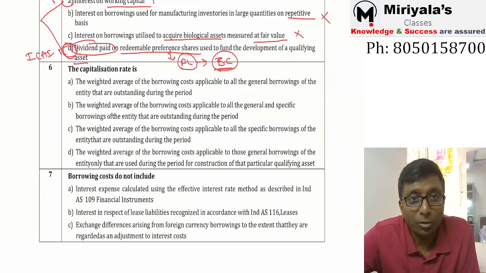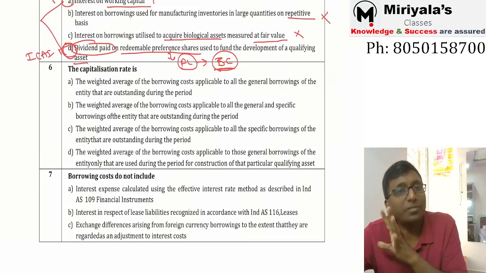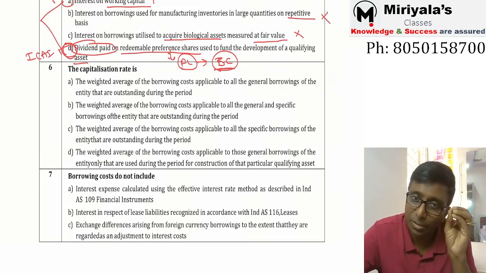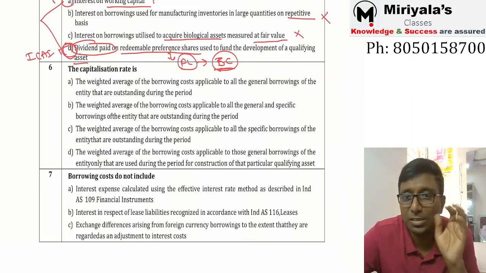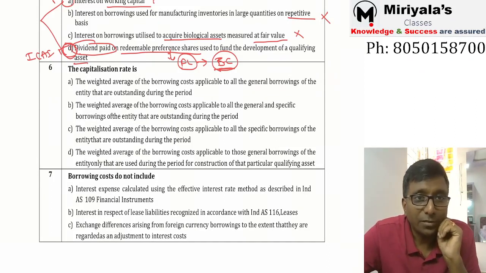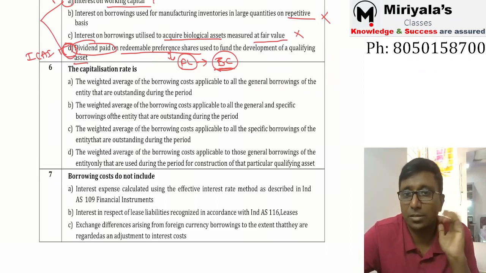Weighted average of the borrowing applicable to the general and specific? No, weighted average capitalization rate is nothing but weighted average rate. Weighted average rate is applicable only for the general borrowings. It is never applicable to the specific borrowing. So B is not correct. Weighted average of the borrowing cost applicable to all the specific borrowings only? 100% wrong.